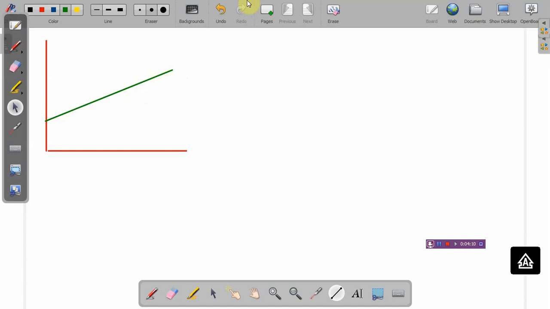Right? So I am just drawing perpendiculars to the y-axis and x-axis from this point V. This is U. I'm just drawing a parallel line to the time axis as well.